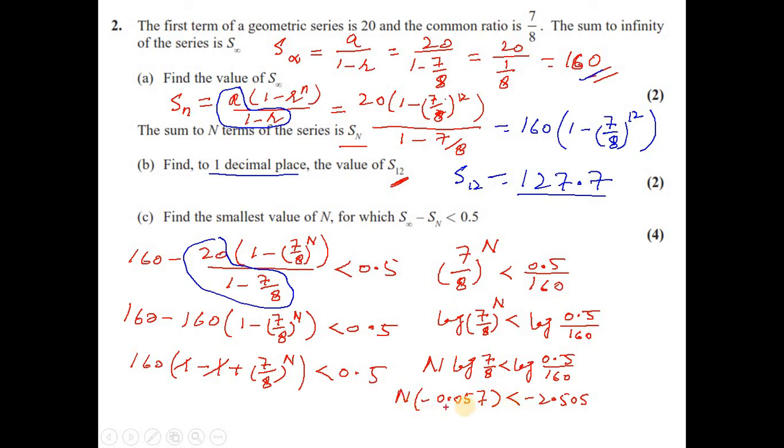So when you send minus 0.057 to the other side, n would be more than 2.505 divided by 0.057. The minus is gone because we have a minus on both sides, but the sign of the inequality is reversed. If you do that, n would be equal to or more than 43.9. That means n is equal to 44.